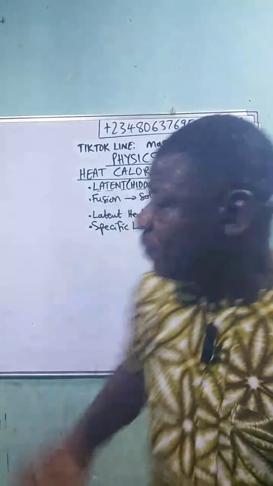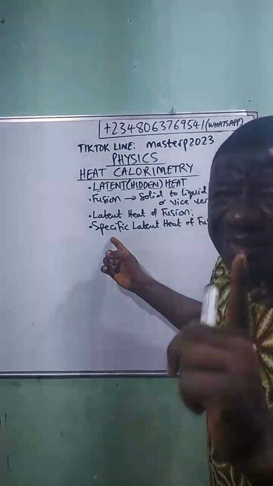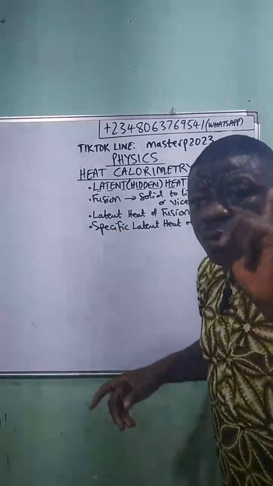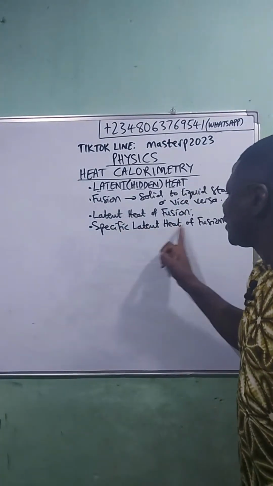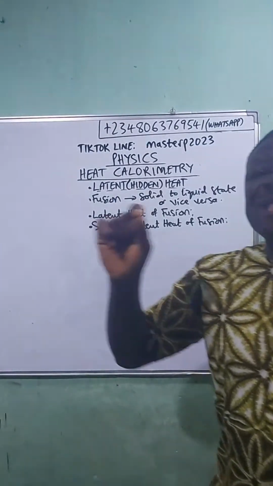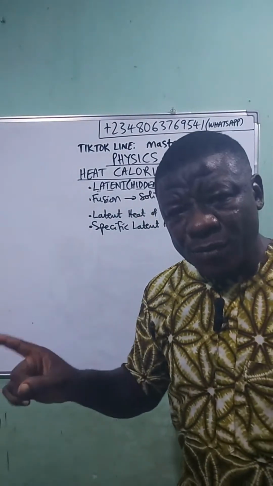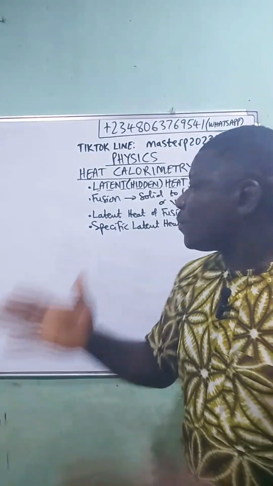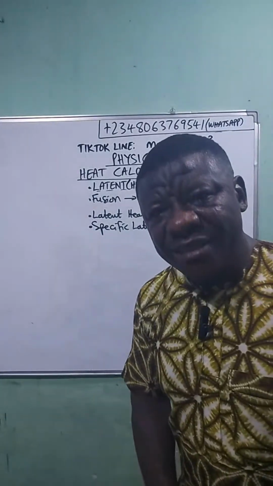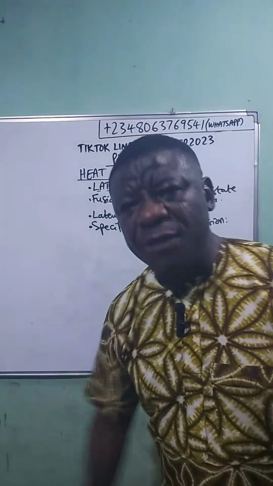That word specific means they are dealing with a unit mass, a mass of 1 kg. So look at the difference between this definition and this definition. It's just because of that 1 kg. Specific latent heat of fusion is defined as the heat energy that is required to change the state of a unit mass of a substance from solid to liquid or vice versa, without a change in temperature at its melting point.